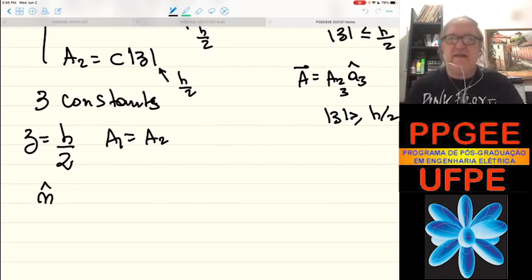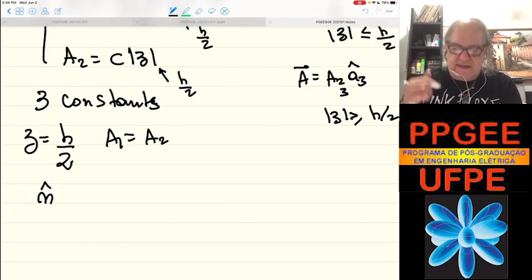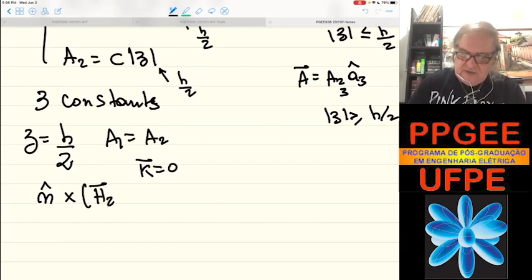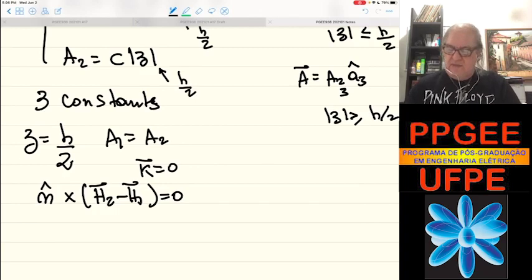There's no current density on the surface, so K equals 0. So the boundary condition is n cross (H2 minus H1) equals 0, which means H tangential 2 equals H tangential 1.